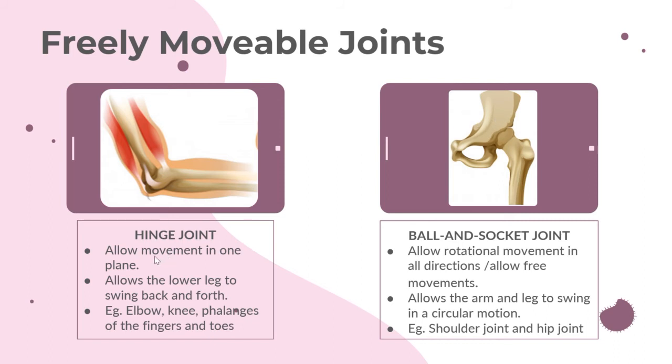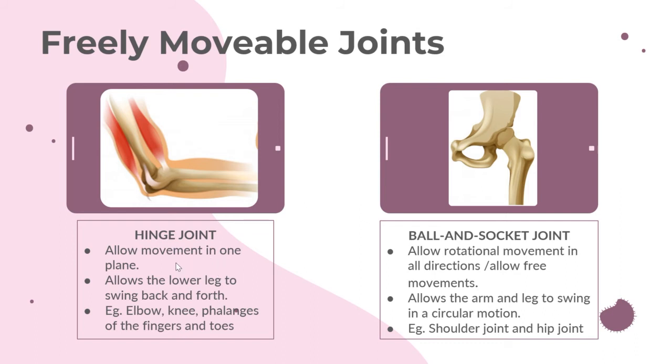Okay, we go first to the hinge joint, the first type of the freely movable joint. The hinge joint will allow movement in one plane only. One plane means that it allows the lower leg to swing back and forth, right?